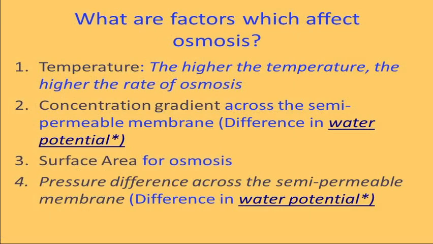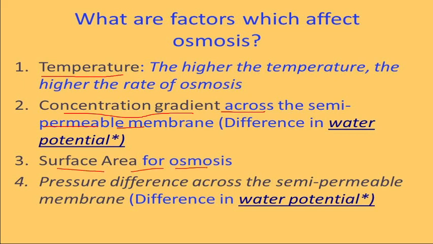So what are the factors that affect osmosis? Number 1, temperature, because of the molecular movement. Are you getting me now? It involves movement of water, and the higher the temperature, the higher the kinetic energy. Concentration gradient, across the semi-permeable membrane. The higher the concentration of water from one medium compared to the other, the higher the rate of osmosis.